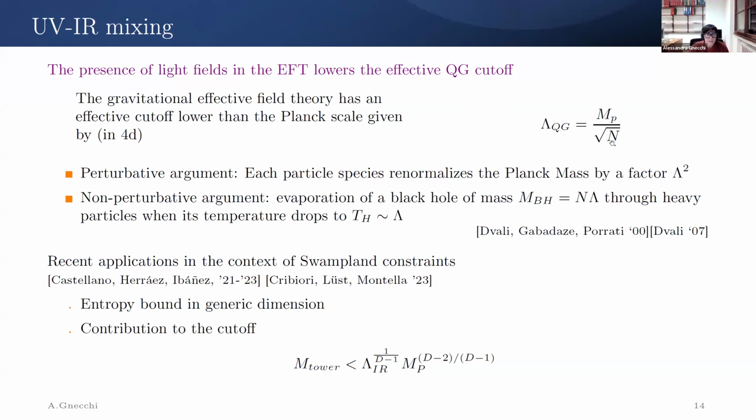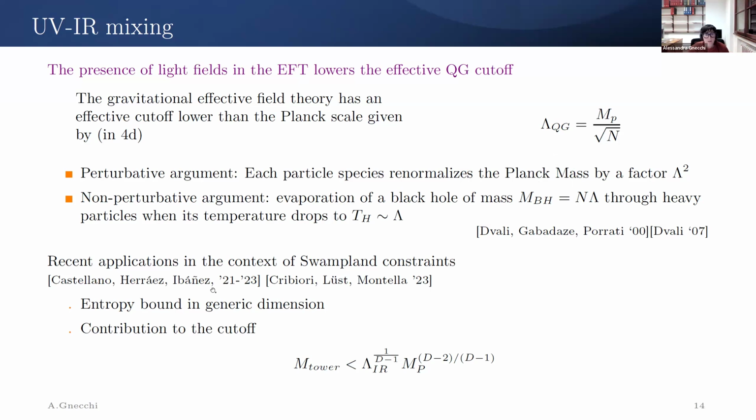Moreover, this tells us that if we have a parameter space of our EFT that is such that in a certain point there's a tower of fields that become light, an infinite tower of fields that become light, then our quantum gravity cutoff goes to 0. So this is actually a breakdown of the effective field theory.